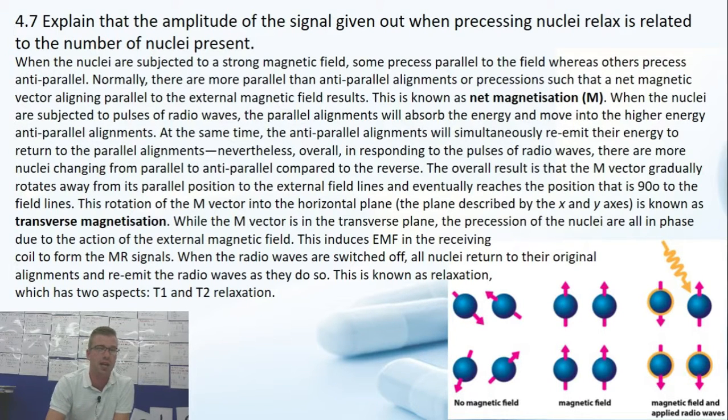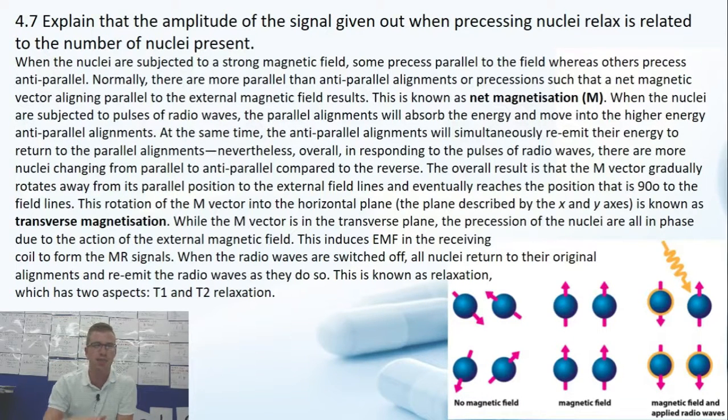hydrogen atoms or atoms in your body will possess more parallel than anti-parallel alignments. When there is a strong magnetic field, they will align themselves into that arrangement. And then when we have a radio pulse or radio waves emitted to that area of the body, most of them will move into a higher energy state in an anti-parallel alignment.